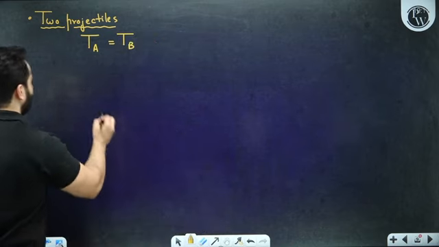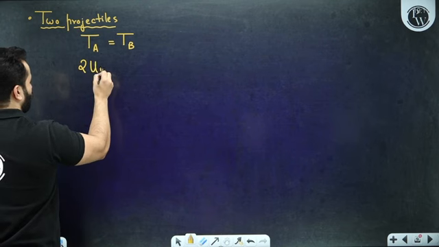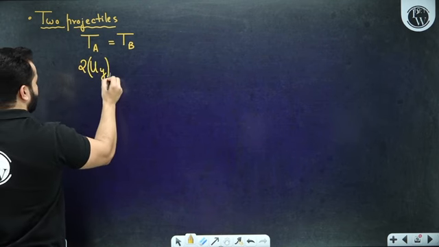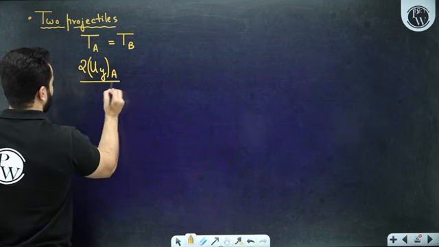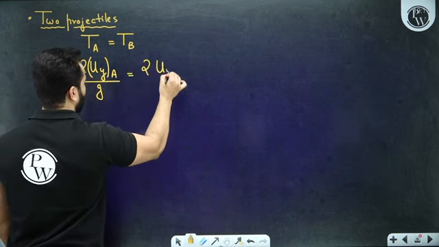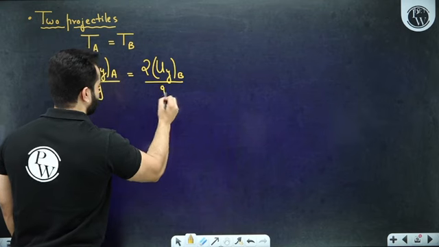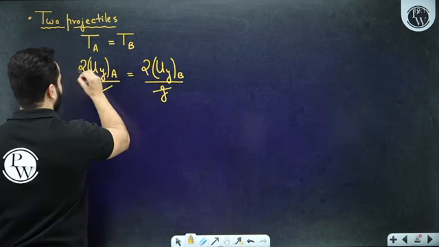Is that correct? Because this is nothing but 2 uy is equal to 2 uy, right.